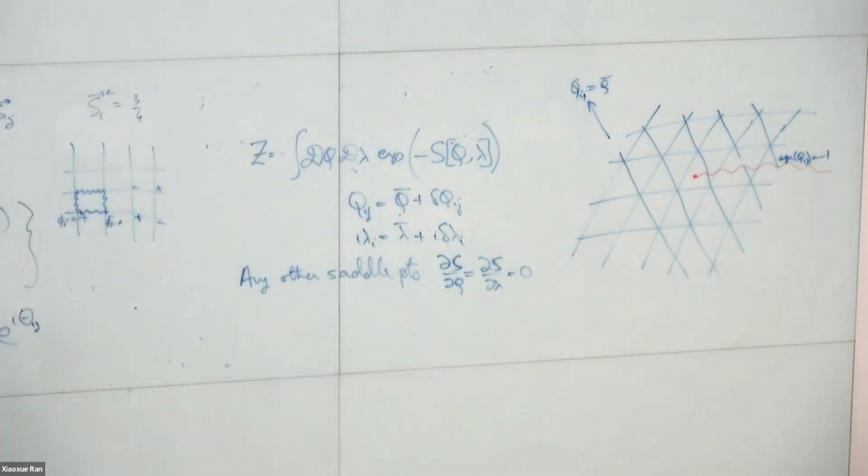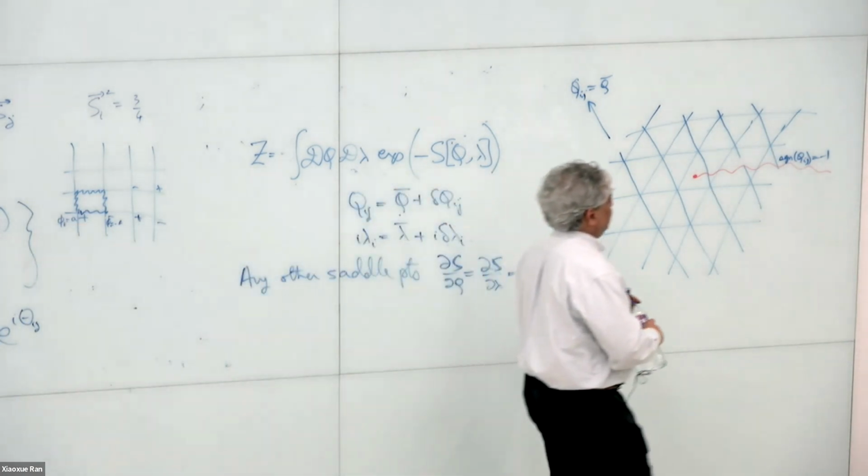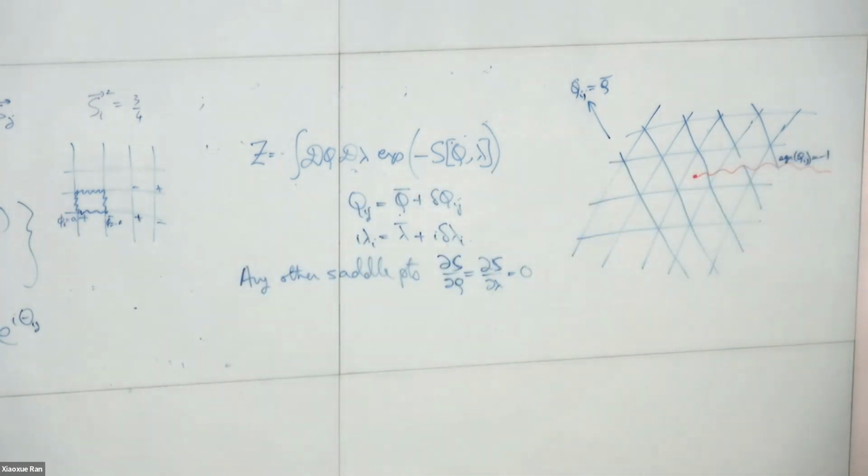Out at infinity I see some of the Q's having a negative sign, but that's invisible because the flux through any loop is still the usual one, since I have to cross the line twice in any loop. So in fact, I can move this wherever I want. That's just a gauge choice.